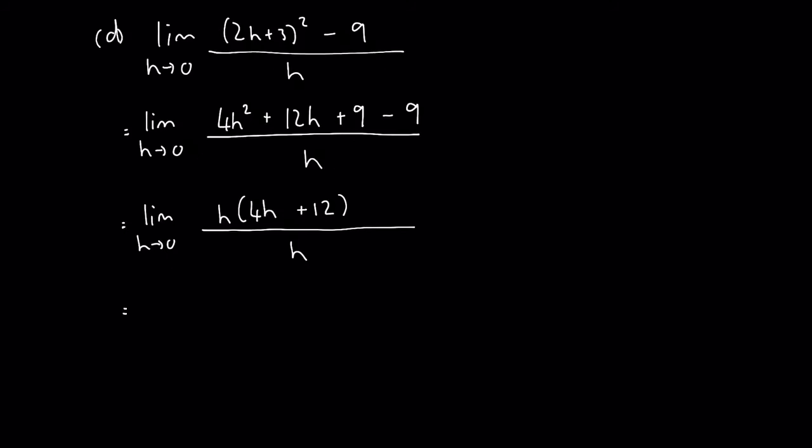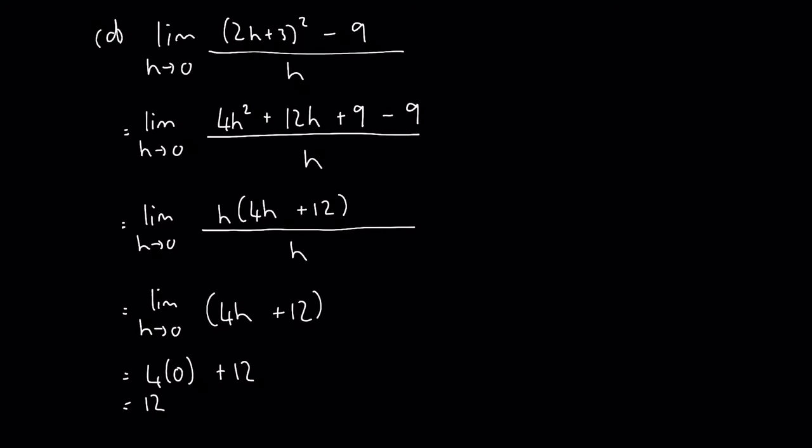Now you can see that the two h's will cancel. This h and that h will cancel. So we're left with the limit as h approaches 0 of 4h plus 12. And now we can substitute h equals 0. So it'll be 4 times 0 plus 12. Notice that I'm now dropping the limit notation because we've already substituted our h value. And that equals 12.